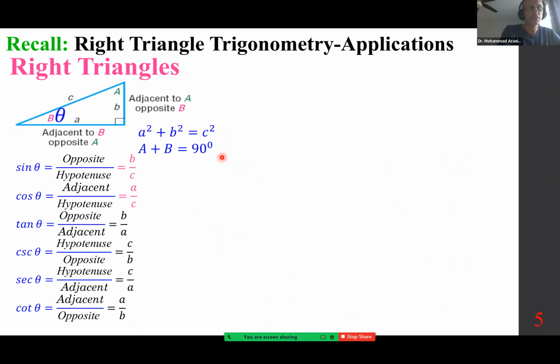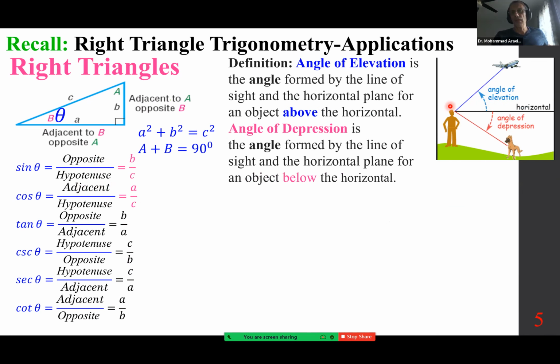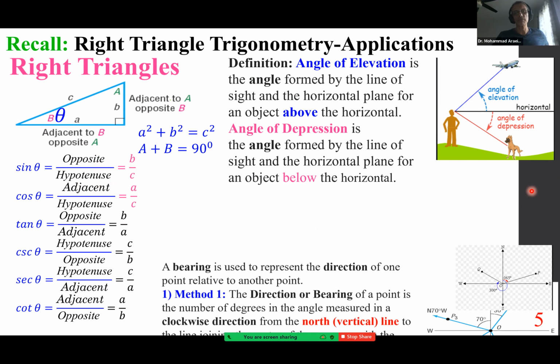Adding definitions, we have seen sine is the opposite over hypotenuse, cosine is the adjacent over the hypotenuse, and so forth. If we have a horizontal line, the angle of elevation is when we look up, angle of depression when we look down.